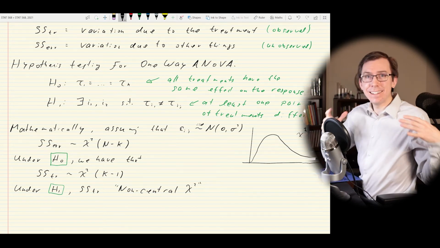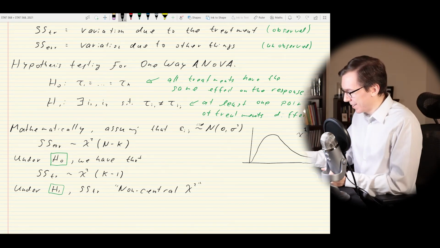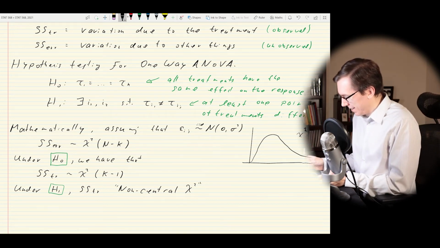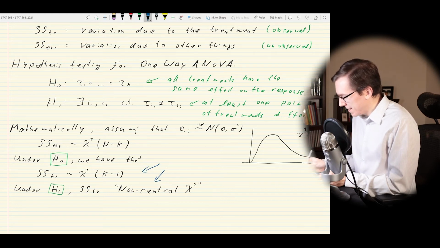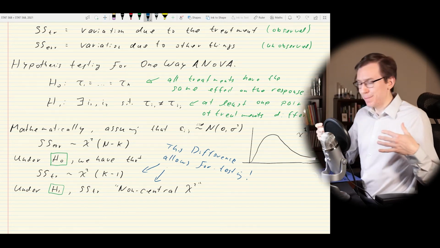And the whole idea is that we can use this now to do the testing that we want to do. So basically, this difference here, let's get a different color for my arrows, this difference here allows for the testing that we want to do. So that's what we're going to do.